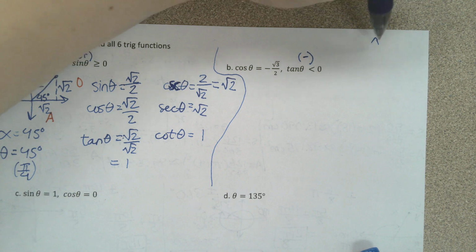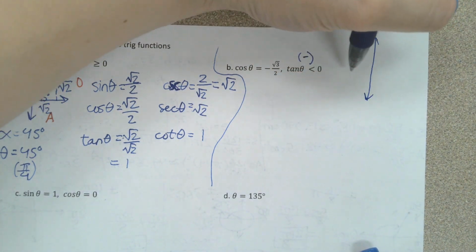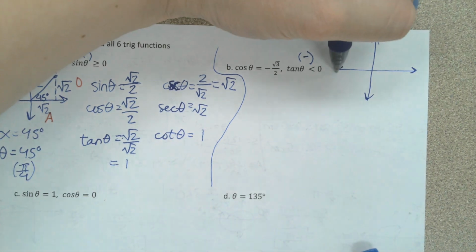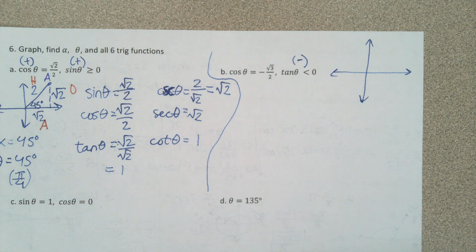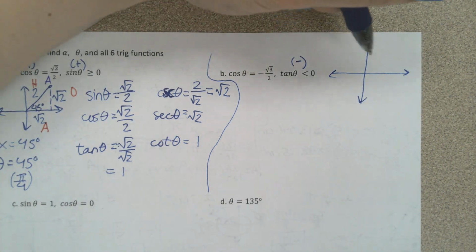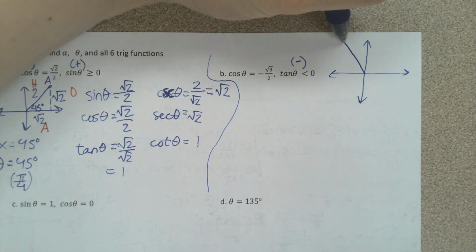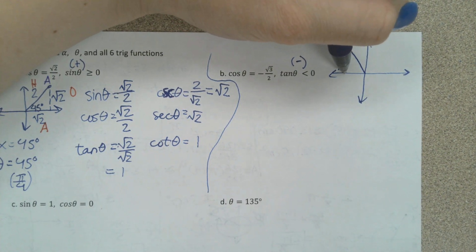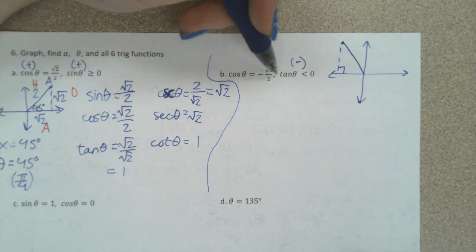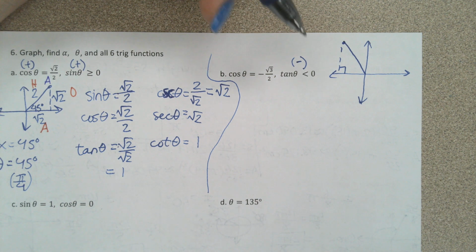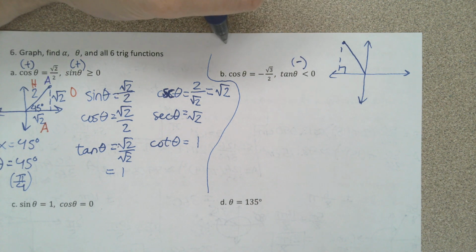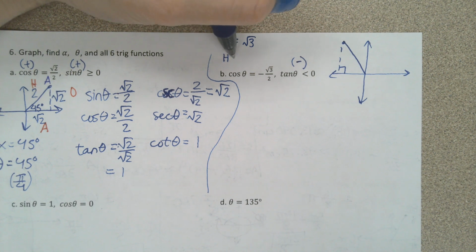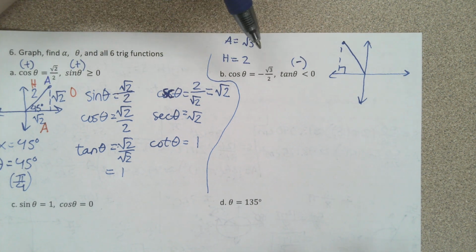And I'm going to come over here for that just to give myself more space. So we're in quadrant 2. I'm going to draw out our triangle. So we know what cosine is, and this is A over H. So A is the rad 3 and H is 2. Now we have a negative in here.